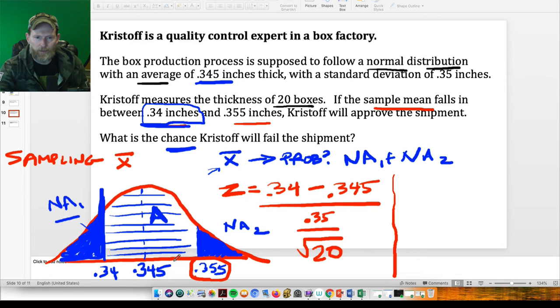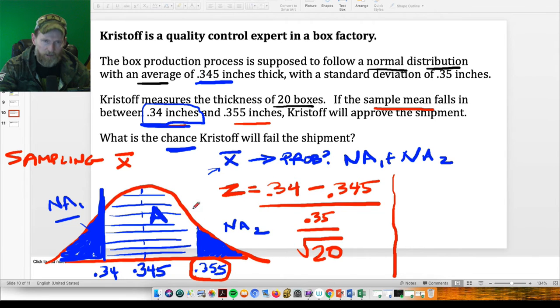Now, here's something that is kind of tricky in this particular problem. You might think, oh, well, this area here is equal to that. Well, it depends on how this interval is organized around the mean, and not all intervals are symmetrical around the mean.